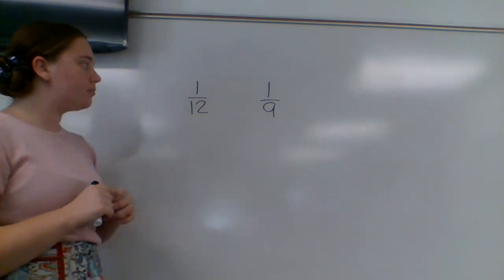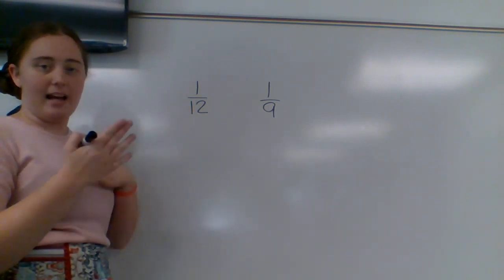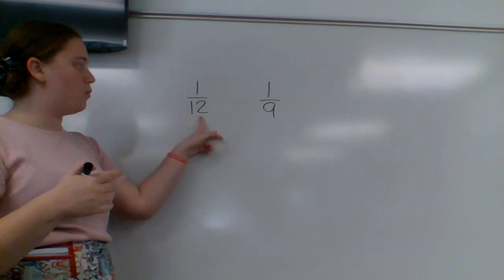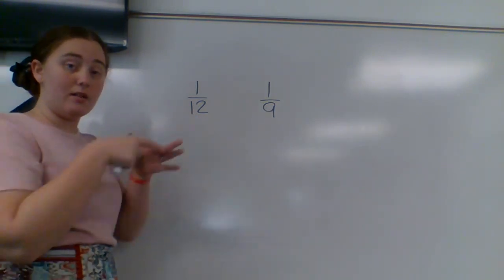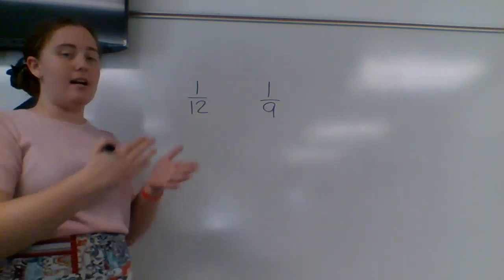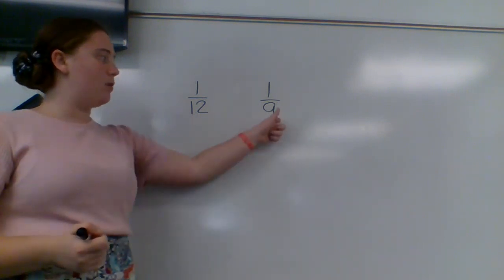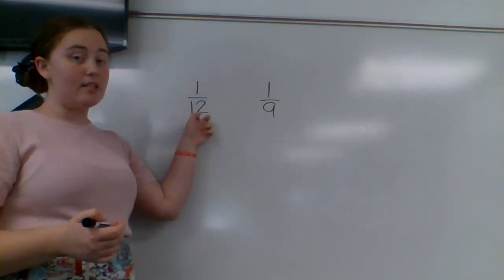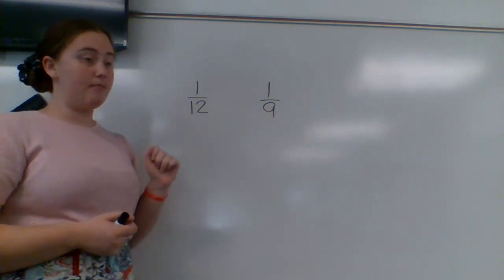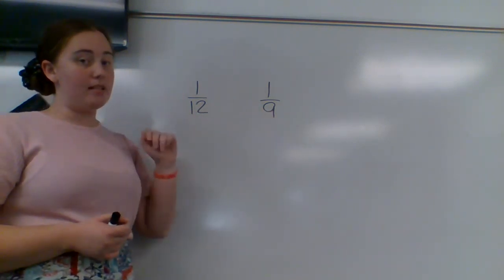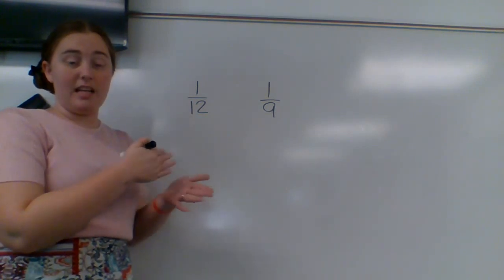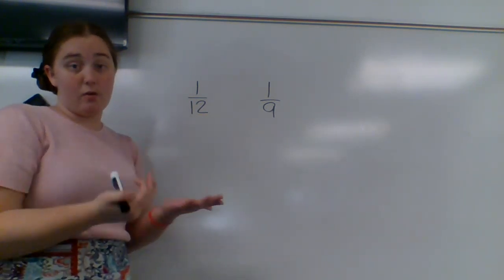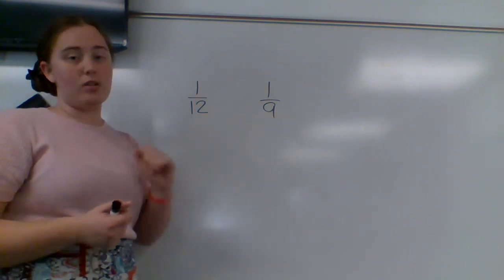Like, if I had two cookies that were the same, and one cookie I divided into 12 equal pieces, and one cookie I divided into 9 equal pieces, would you rather have one of the 12 pieces or one of the 9 pieces? Well, one of the 9 pieces would be bigger because there are fewer pieces, so the pieces are bigger. So 1/9 is going to be bigger.